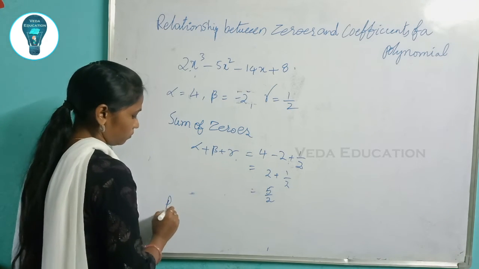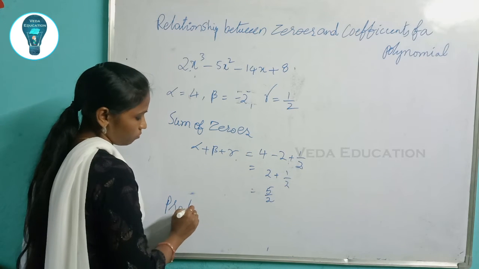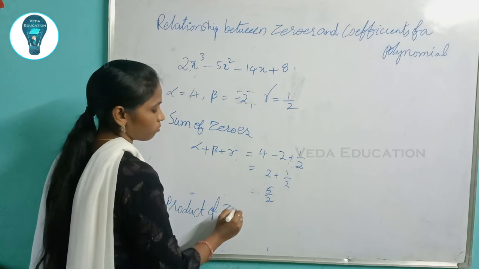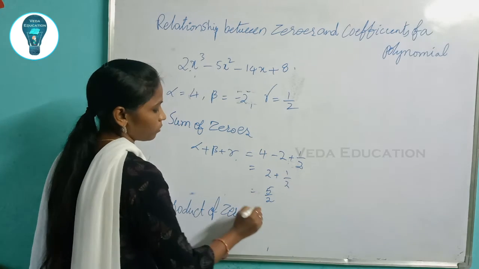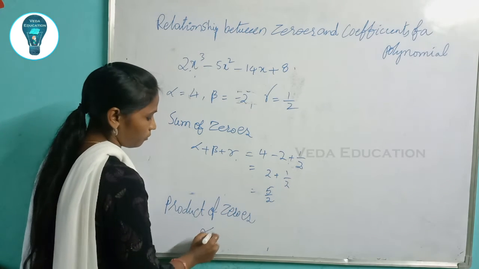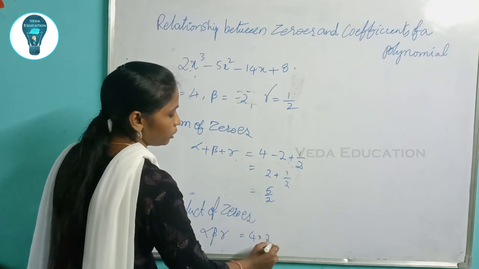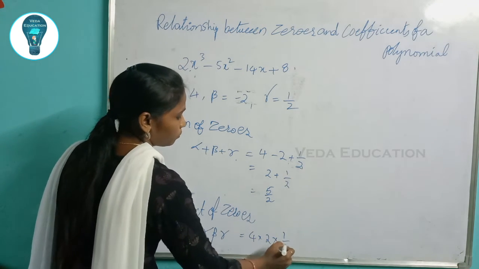Next, product of zeros. Product of zeros is alpha, beta, gamma. That means 4 into minus 2 into 1 by 2.